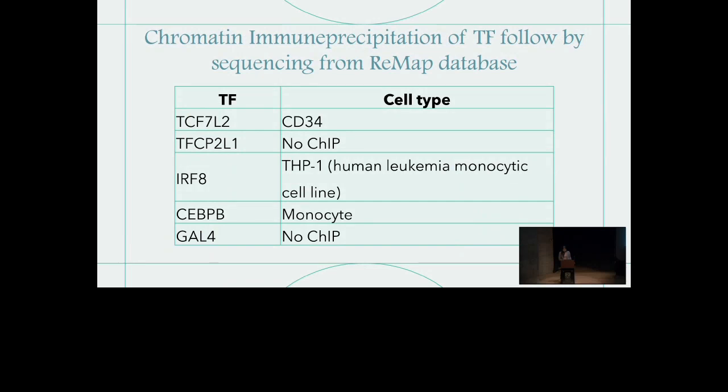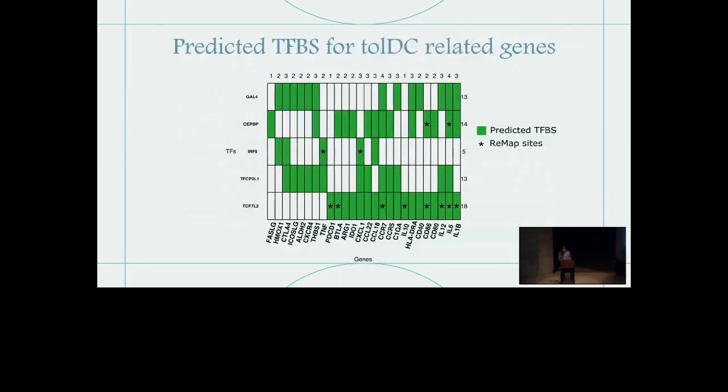We found one ChIP for TCF7L2 in the CD14 cell line. There is no ChIP for TFCP2L1. There is one ChIP for IRF8 in the THP1 cell line. CEBPB has one ChIP in the monocyte, and for GATA4 we didn't find any ChIP.